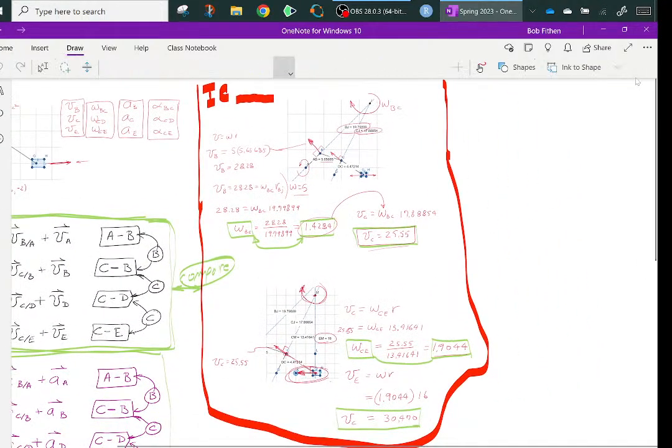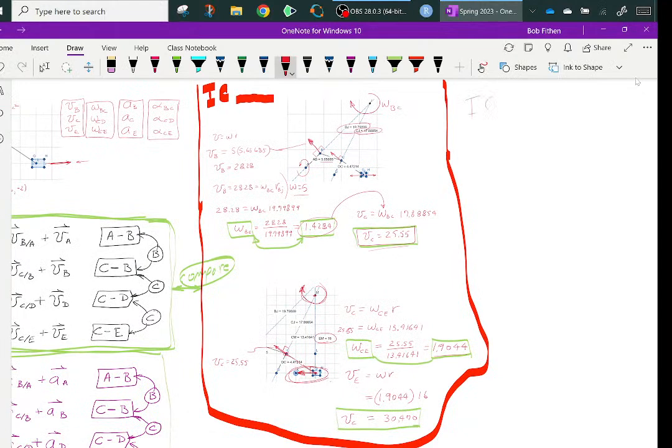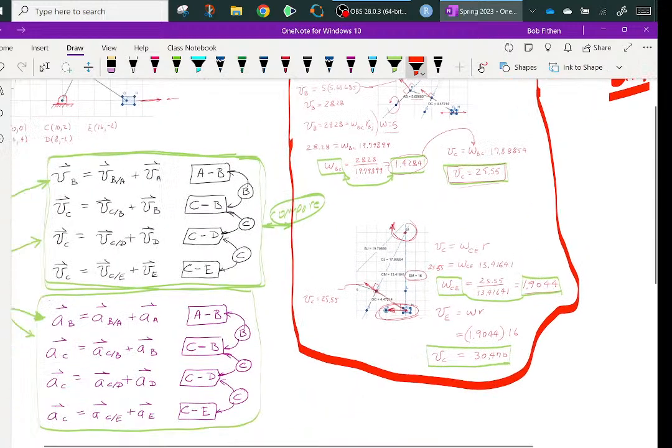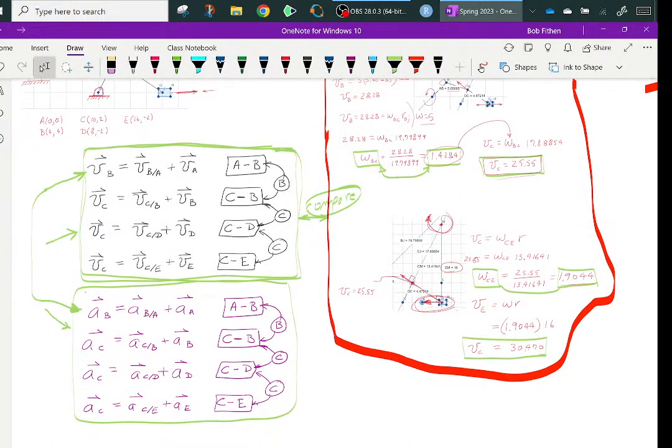Also, what I'm going to do is another instant center thing over here later. This will be the last thing I do where I look at the distances. So let's do this.